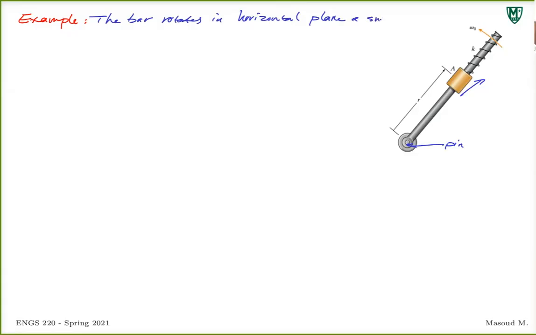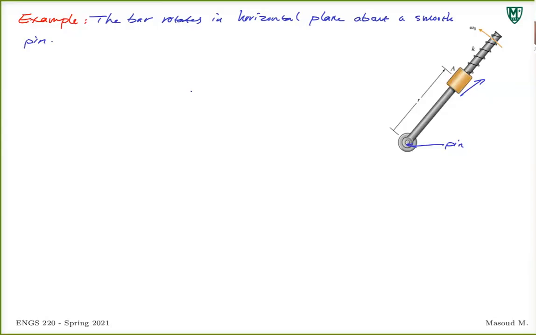We want to get rid of all the possible frictions, so no friction between the pin and the bar. Pin at the origin. We don't need that.